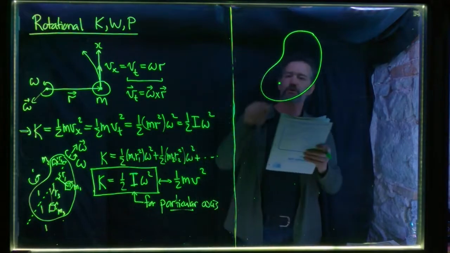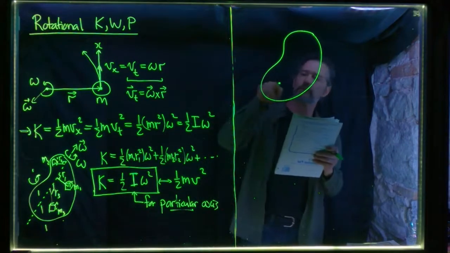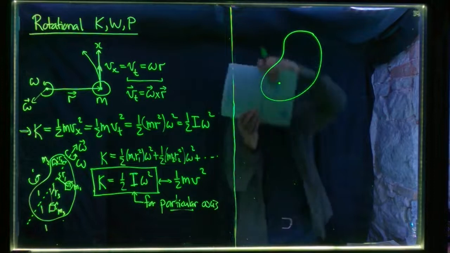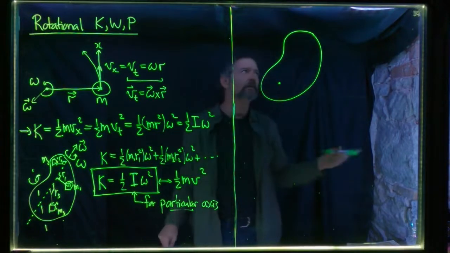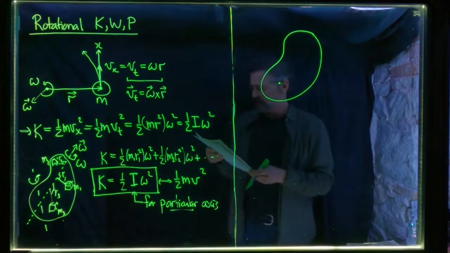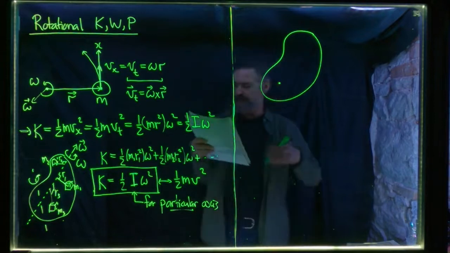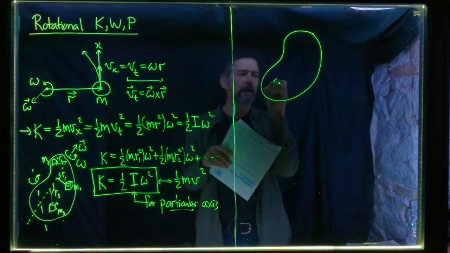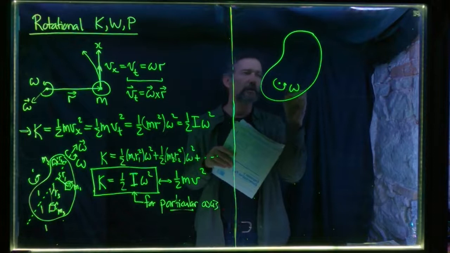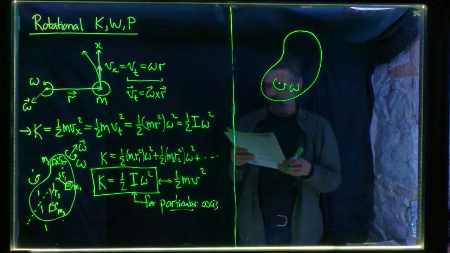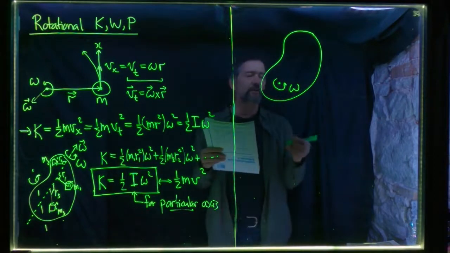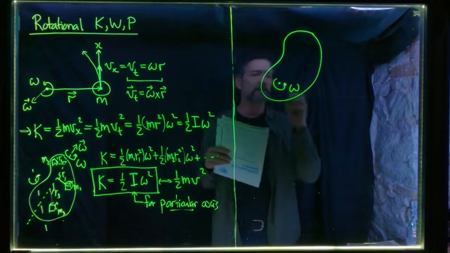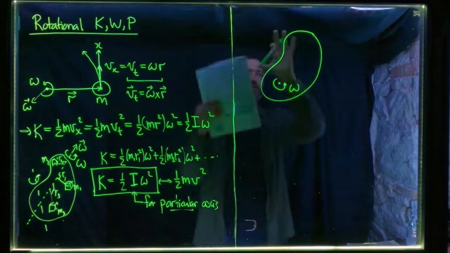We'll choose the axis to be perpendicular to the page, and so the object is rotating like this in the plane of the board. So there's some angular velocity omega. And now what we want to do is say, in some small amount of time delta t, this object will rotate.